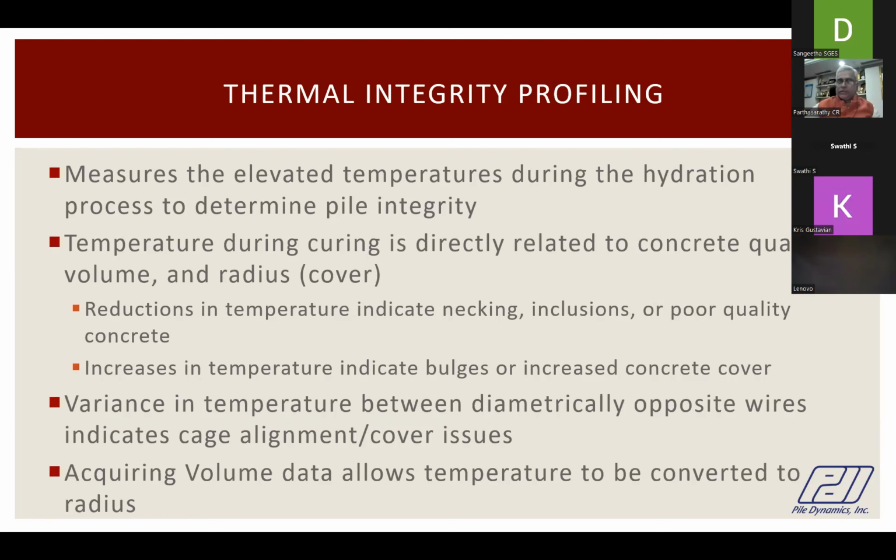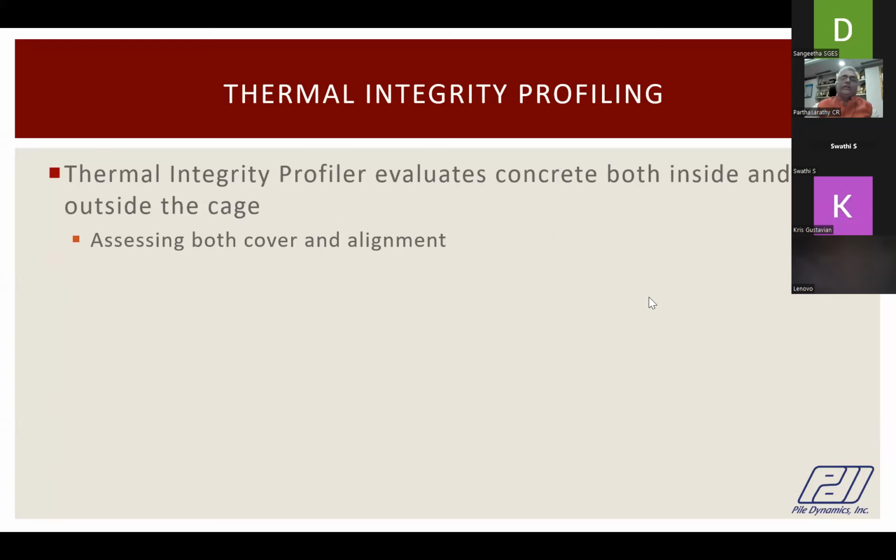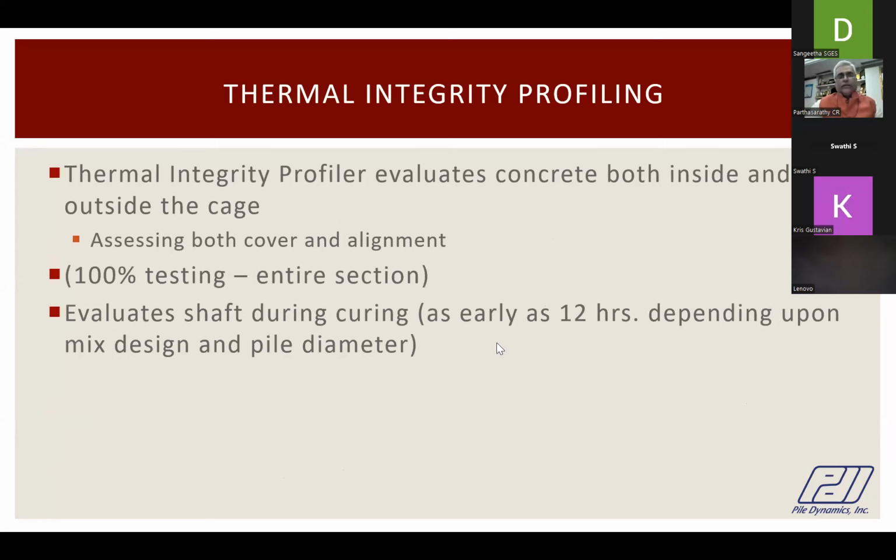So you can actually model your impedance profile versus pile depth. So we use this volume for the radius conversion in this thermal integrity profile. This method evaluates concrete both inside and outside the cage to assess both the cover and the alignment. Okay. Now, you are testing 100% of the cross sections.